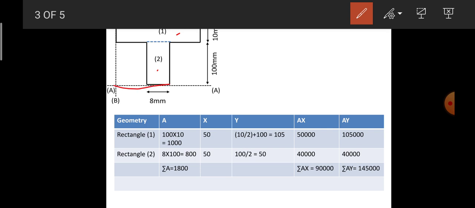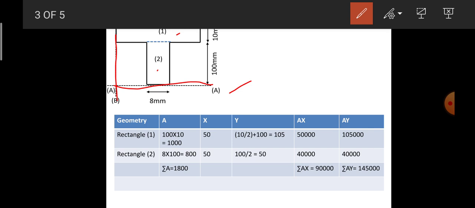I call that reference axis AA in the horizontal direction and BB in the vertical direction. The horizontal axis AA represents the axis of reference in order to determine the vertical distance of the centroid of the individual rectangles.